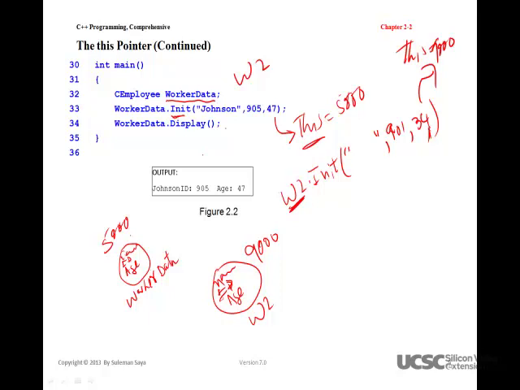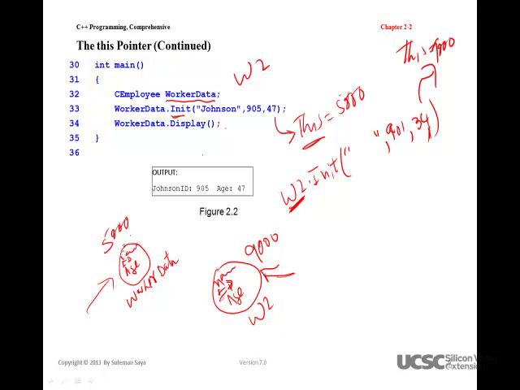So that's how your member functions know where the data is located, because of this pointer. And that is the reason that member functions do not allocate any memory within any objects.